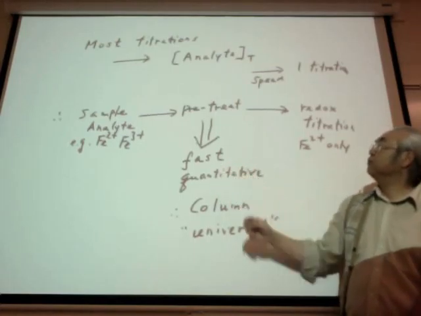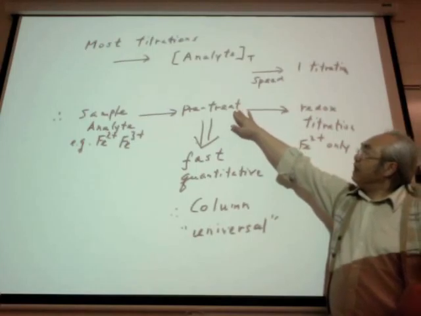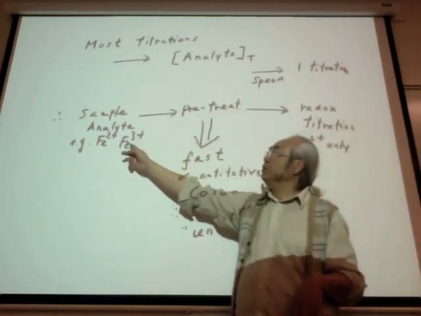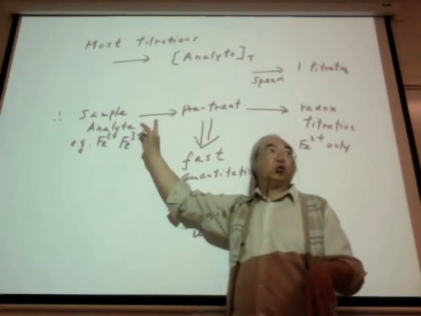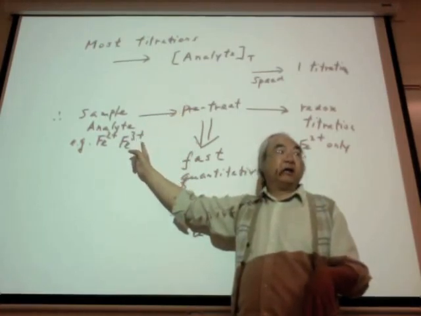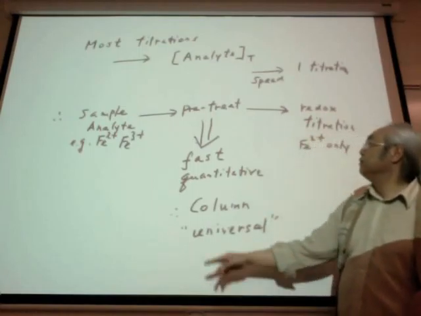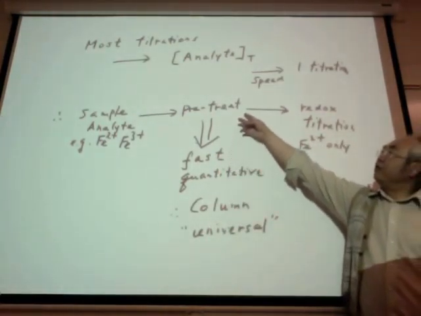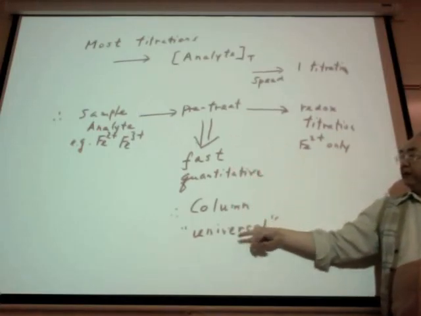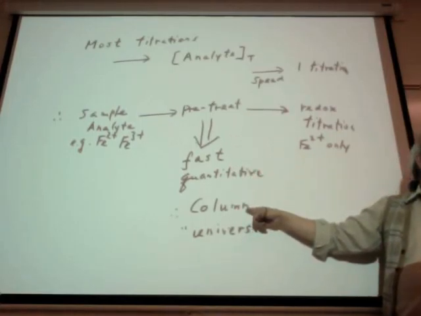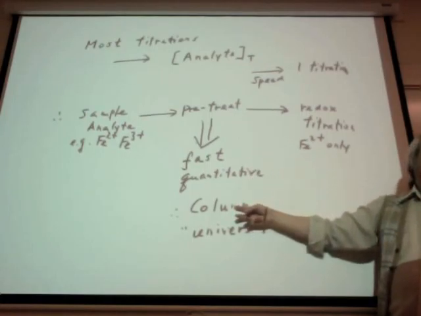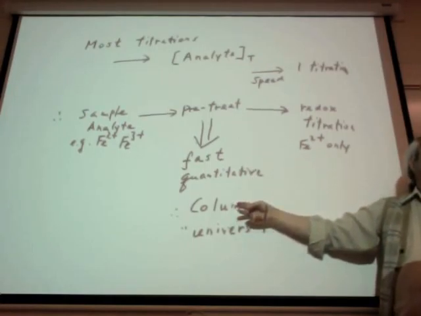So you want this sample pre-treatment to be fast. The purpose is to change all the oxidation states into 1 only, 1 oxidation state. So you want it fast and quantitative. And therefore, the pretreatment will be a column. A column, you simply pour your sample in, go through a column, then you get your sample ready for titration.